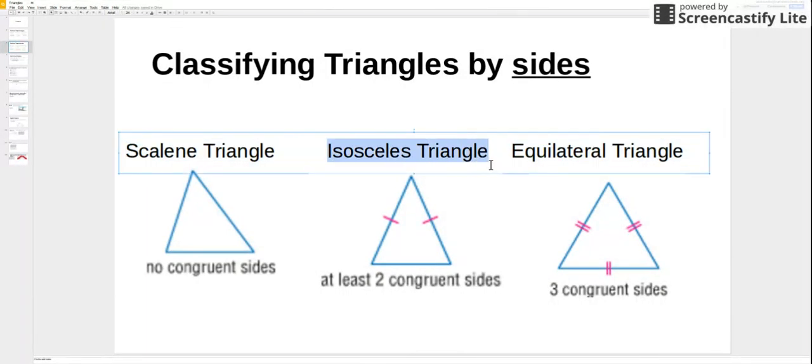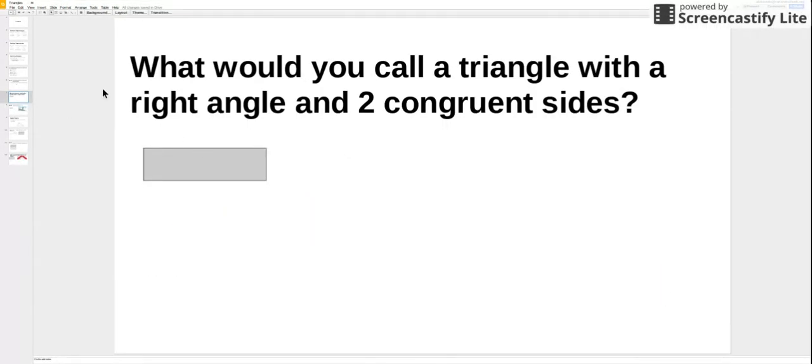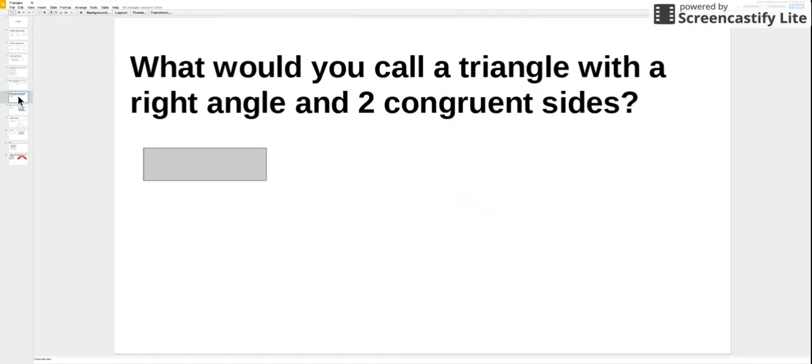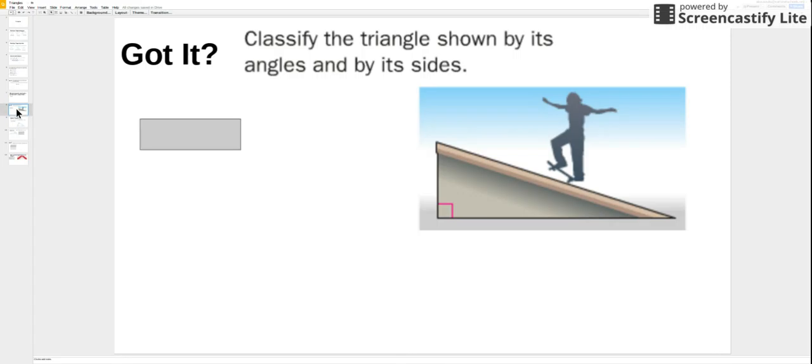So this would be a right isosceles triangle. Okay, what would you call a triangle with a right angle and two congruent sides? Well, what do we just say? Right isosceles, right?